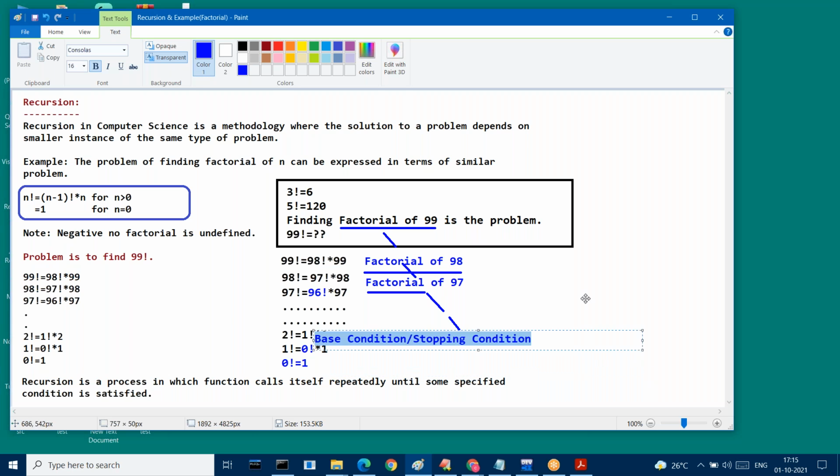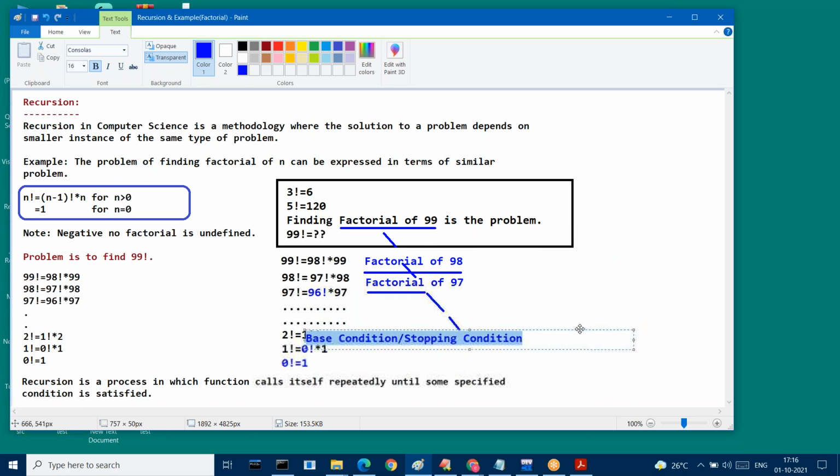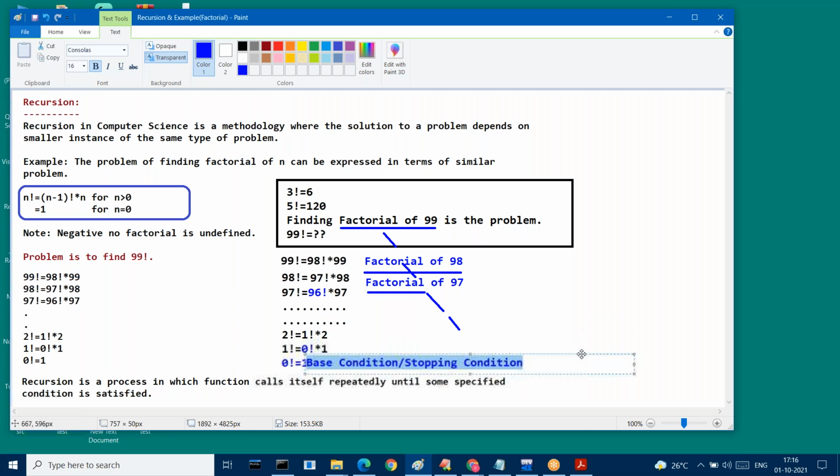Before reaching the base condition, 99 calls 98, 98 calls 97, and so on down to 90, 89. But then I reach a condition for which no function is called, because 0 factorial is not calling anyone. It directly gives me the answer without calling anyone. That's why it is termed the base condition or stopping condition.